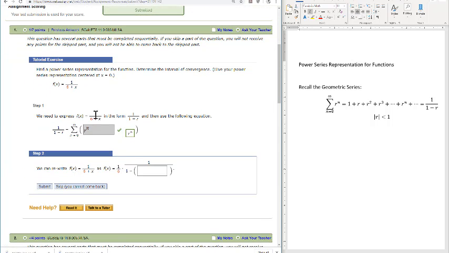Now, what we want to do is make our function look like 1 divided by 1 minus r. Now, there's a 6 here that we probably would need to factor out. And so we can factor out a 6 from the denominator. That leaves us with a 1/6. The numerator stays the same.